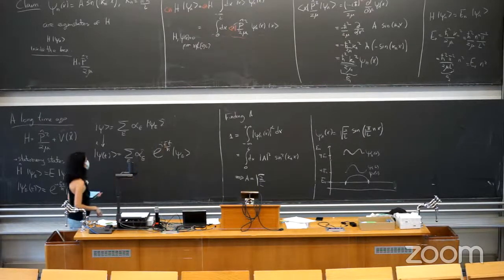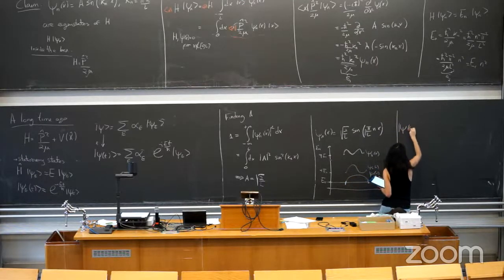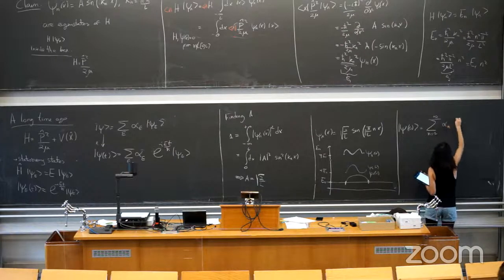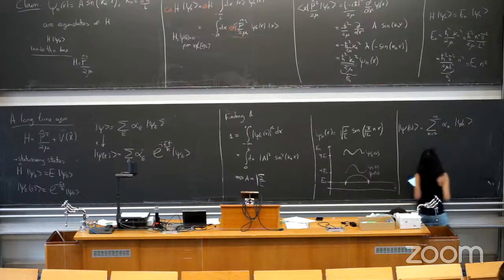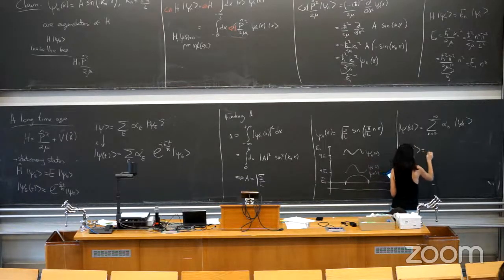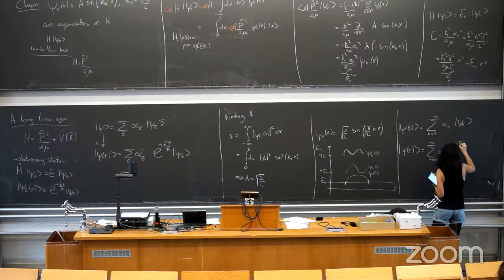So if you have some initial state, let's say at time 0, which is a sum over n, it's going to evolve to something with E2 minus E1, n squared, times time.